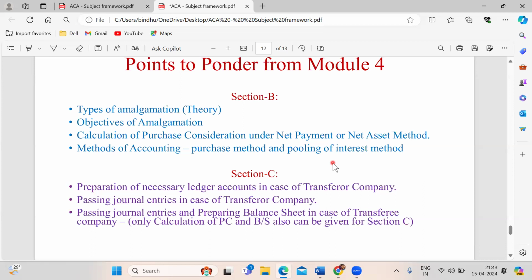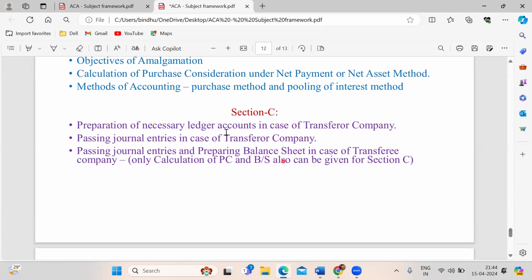Based on that, you need to learn the practicals. And in Section C, we have preparation of necessary ledger accounts in case of the transferor company, passing journal entries, and the journal entries and preparation of balance sheet in the transferee company. Both things you need to learn for calculation purposes. A question may be raised for 10 marks from this part.